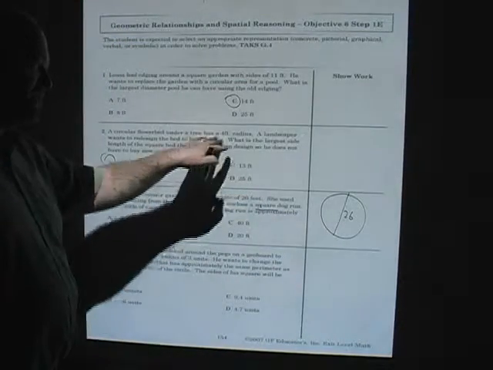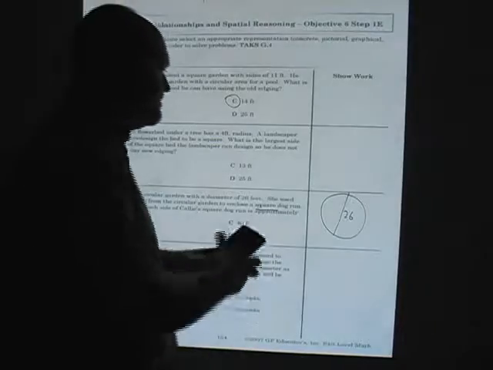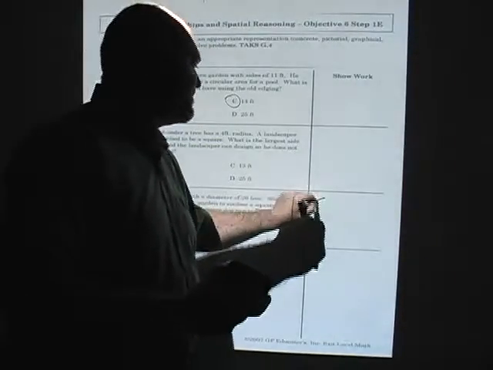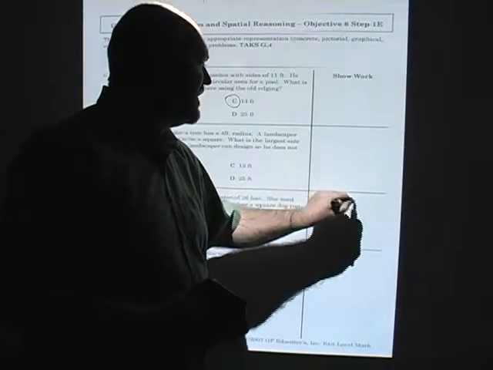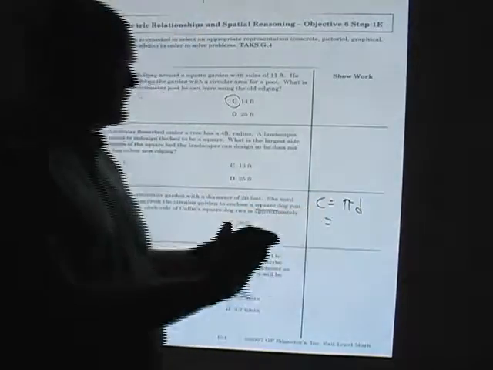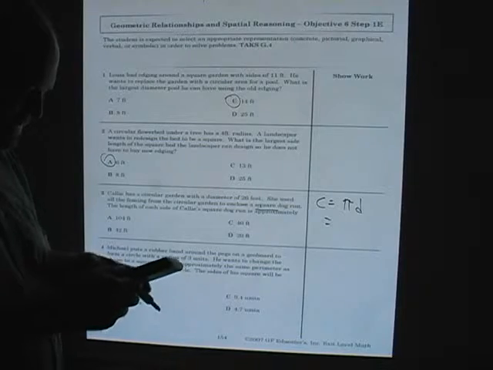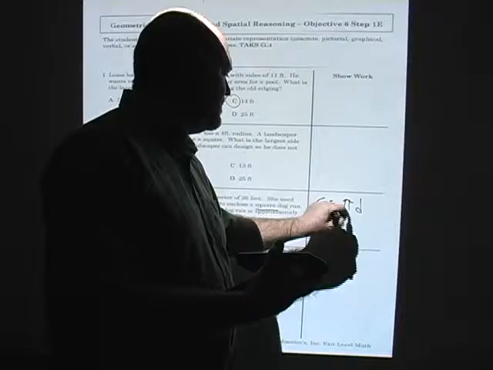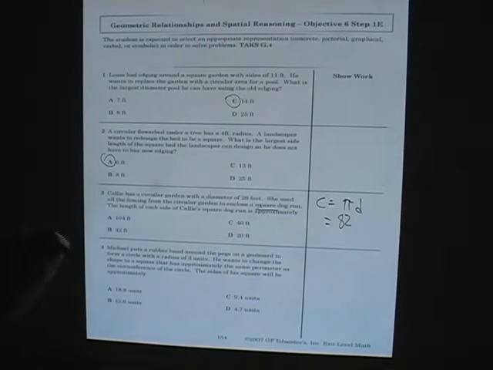So it's just like number 2. Diameter is 26. Circumference equals pi times diameter. So pi times 26 is about 80, close to 82. I'm going to round it up to 82.